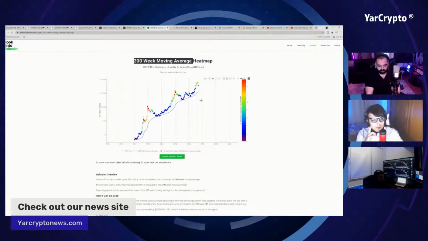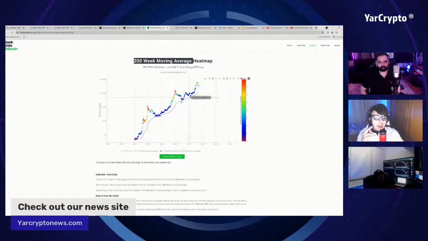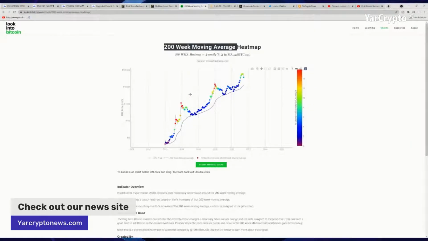And people were commenting that every time there's red dots on this heat map, it basically signals a market top. And the case for people was that we are not even close to a red dot on this heat map. So this can potentially be a bullish signal. We gotta always take information a little bit carefully, but this is obviously something to keep in mind.